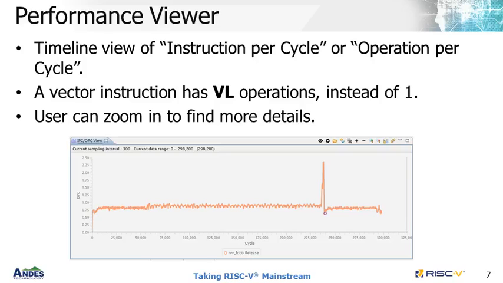An example OPC window picture is shown here. On this window, you can zoom in to find more detailed metrics information. To find vector instructions, you can see where the OPC number is greater than 1.